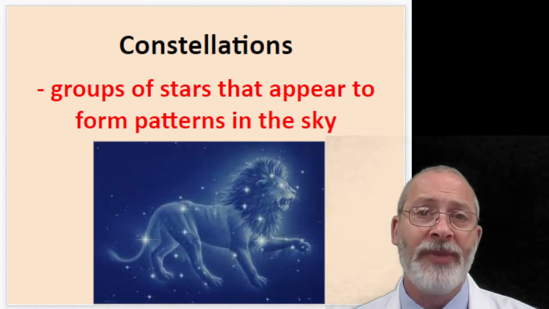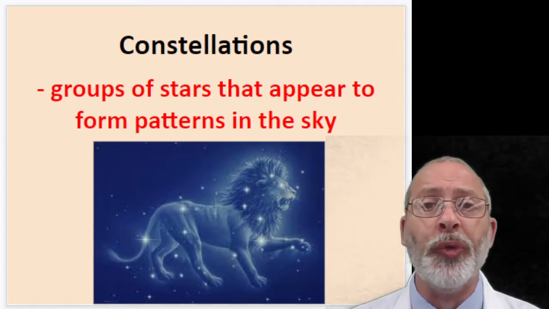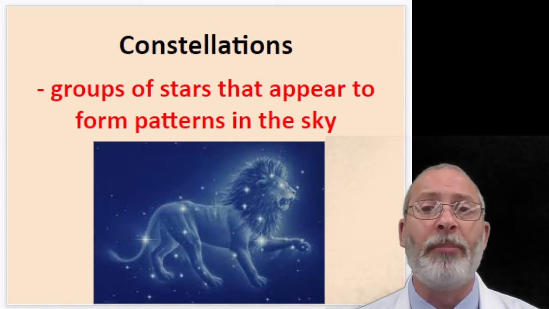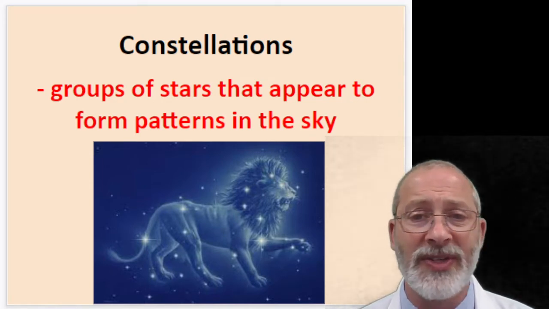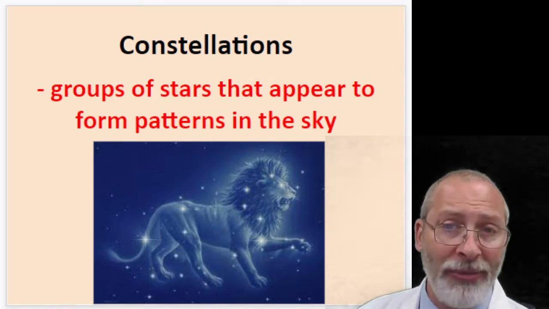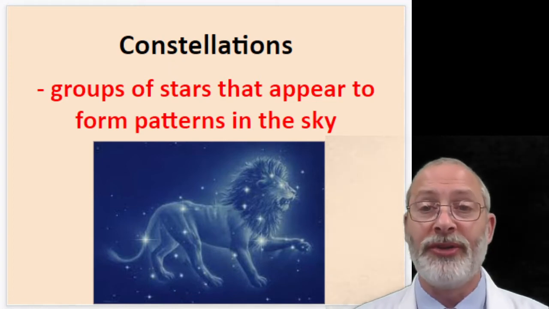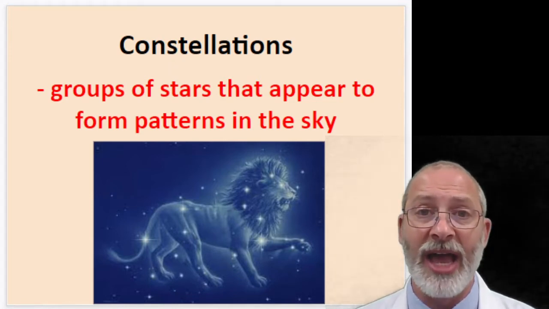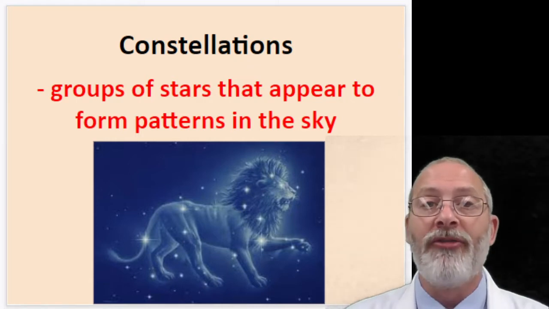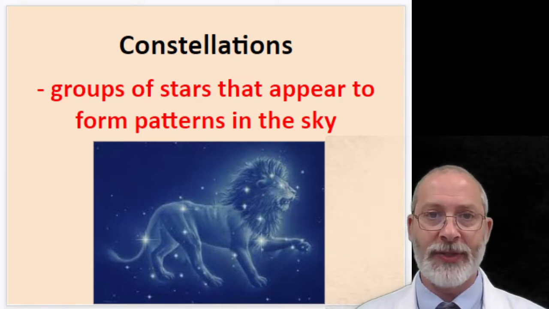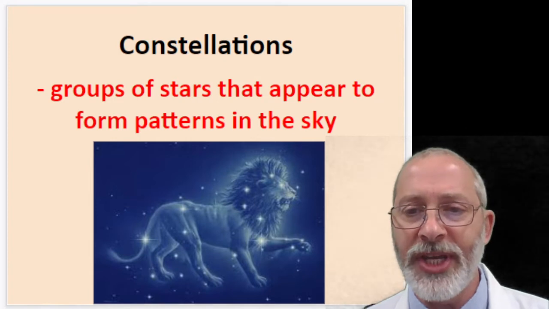Well, what are they? Constellations are groups of stars that appear to form patterns in the sky. Now, they really don't form patterns in the sky, but they appear to from our frame of reference.